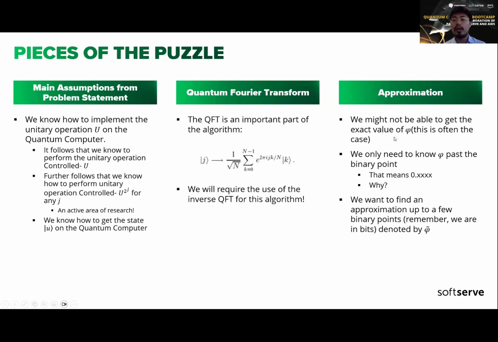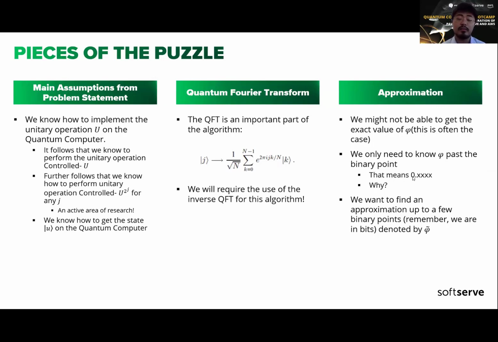And I think the other part is that we only need to know phi past the binary point. It means that we don't really care about any of the integer values, any of the ones on the left side of the binary point.